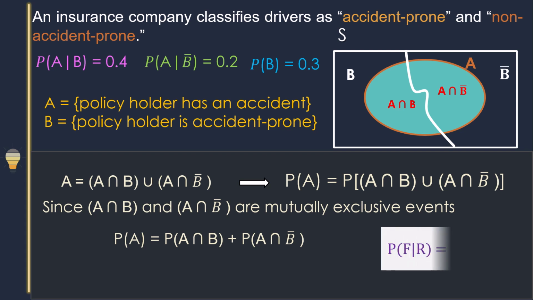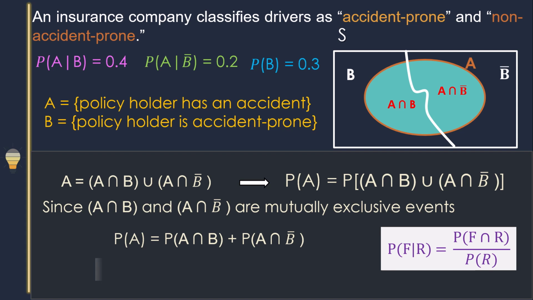But you know the conditional probability formula: probability of F given R equals probability of F and R divided by probability of R. Now think about probability of A and B. Probability of A given B equals probability of A and B divided by probability of B. From that, you can write probability of A and B equals probability of A given B times probability of B. Similarly, you can do the same for probability of A and B complement.